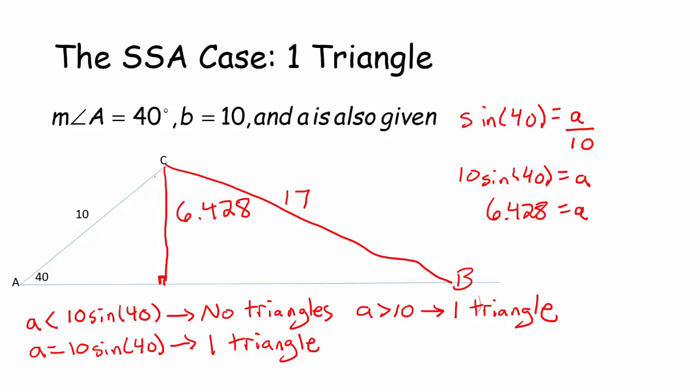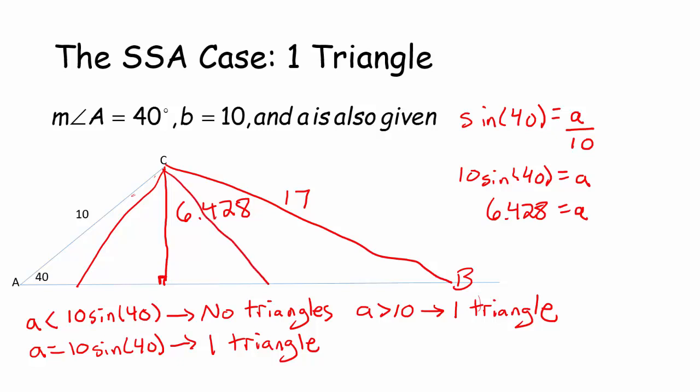So basically, with the side-side-angle case, you can think of the situations that would form one triangle in the following ways. Now the interesting scenario arises if side A is given and it's bigger than 10 sine 40, bigger than 6.428, but less than 10, because then we would be able to draw an angle in right here, like so, and draw another triangle potentially over there.